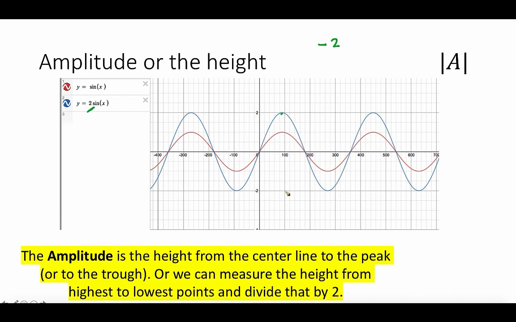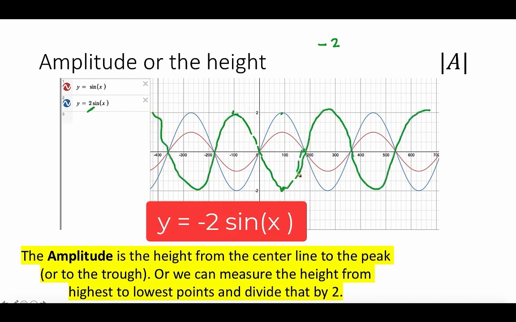That means this point is reflected to the other side, this point is reflected to the other side, so the new graph would look like this. So we call that vertical reflection. It's like you rotate this to go to the bottom, and this bottom you rotate to go to the top.